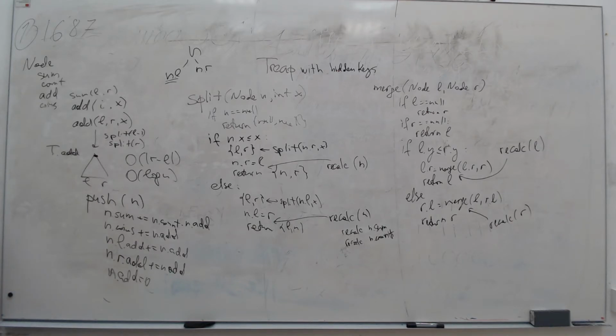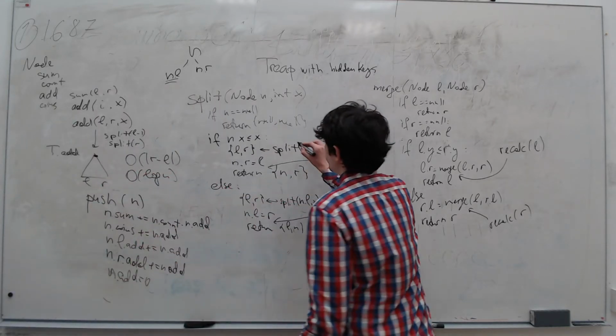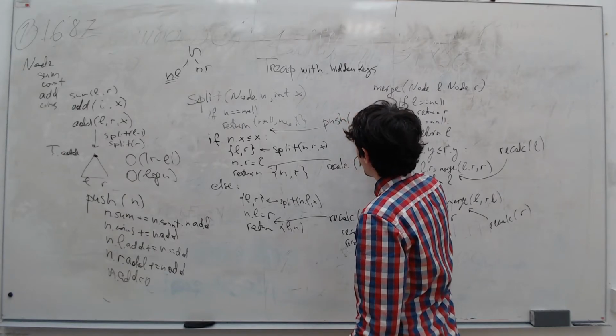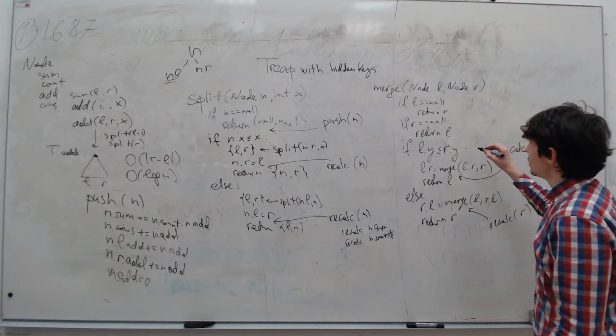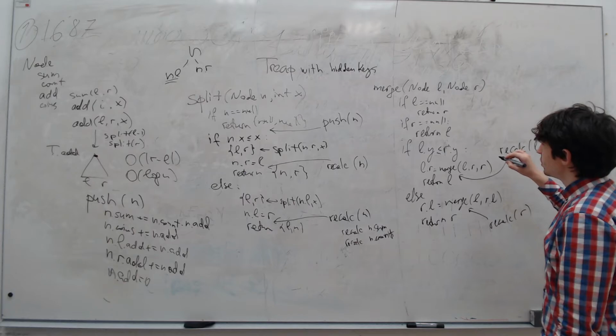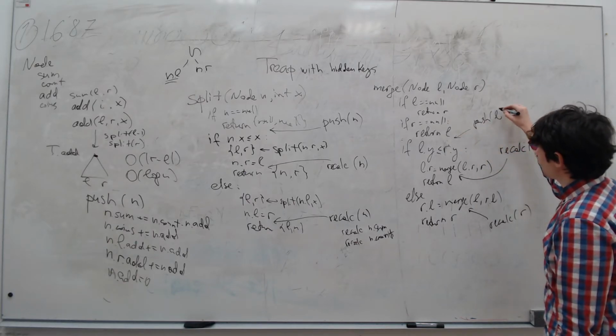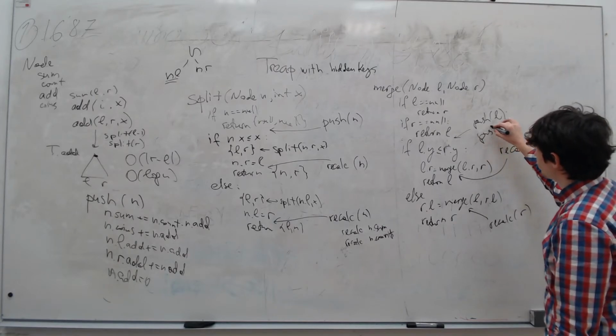So every time I visit the node, I propagate the information about this huge operation to its children. For that, I should add here push n, and here push left, push right.